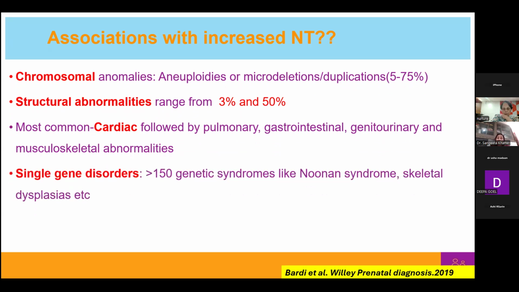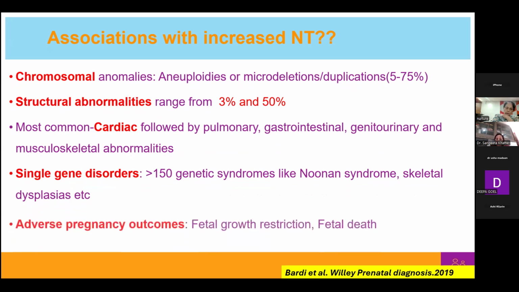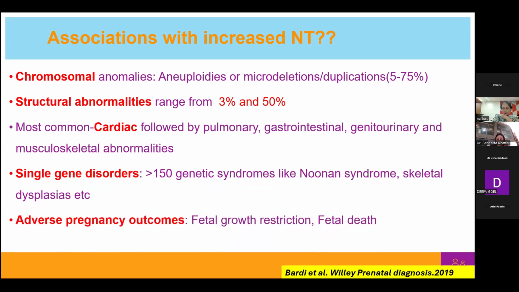Single gene disorders: there can be more than 150 genetic syndromes, and the most common one is Noonan syndrome, and skeletal dysplasias. Adverse pregnancy outcomes such as fetal growth restriction can also be there. Even if we have done the genetic testing, we have to counsel the patient that growth restriction can be there, and we have to be cautious.